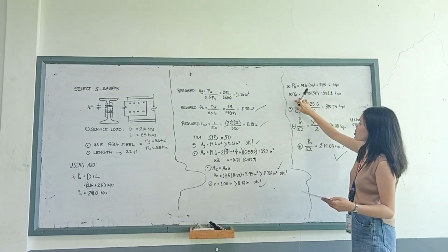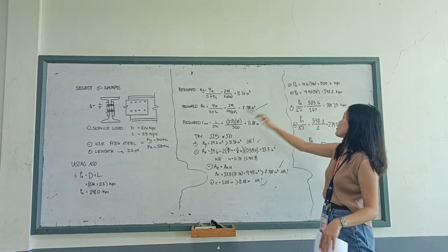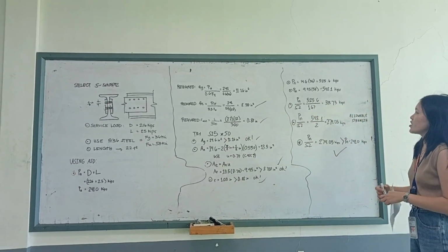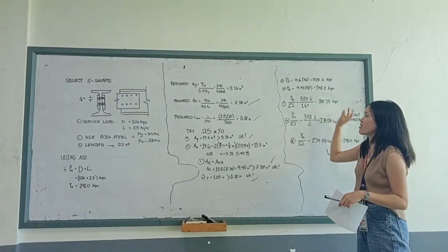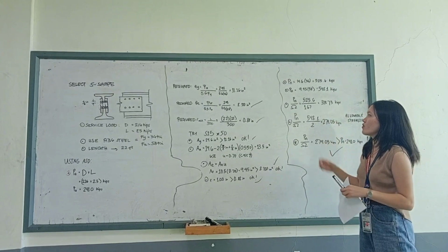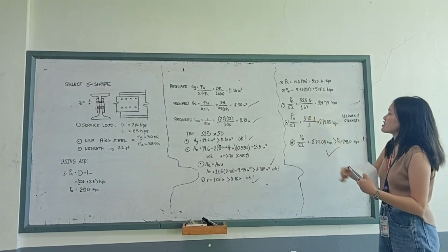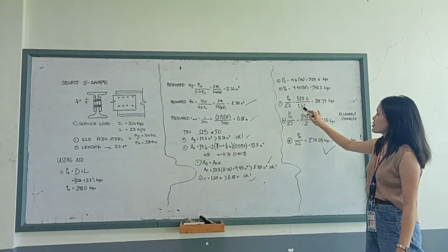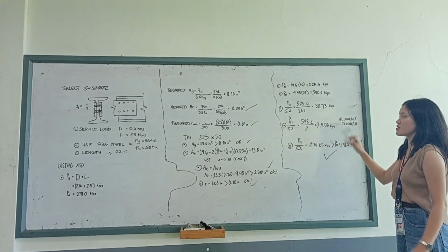For rupture, it is 9.45 times your Fu, which is equal to 548.1 kips. Then, you divide the strengths you got by the omega values, which for yielding is 1.67. So, 525.6 divided by 1.67 is equal to 314.73 kips.